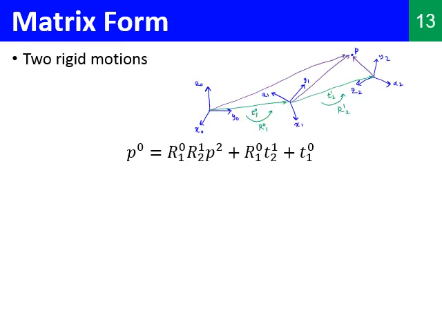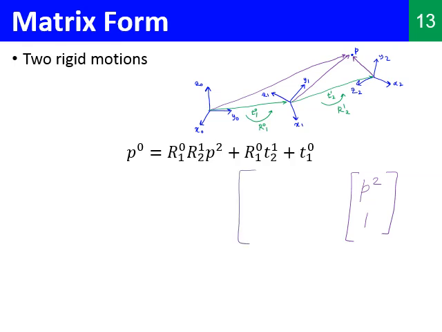Now we need to confirm whether the newly introduced homogeneous matrix would work for two rigid motions or not. Let's say we have P2 in frame 2 in homogeneous coordinates. So we have P2 and a 1 in homogeneous coordinates, and in order to transform this into frame 1, we would pre-multiply this with a homogeneous matrix.